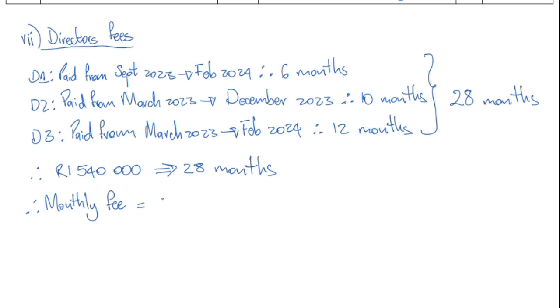Total fees is 1,540,000 rands divided by total months, which is 28. So the monthly fee is going to be equal to 55,000 rands.